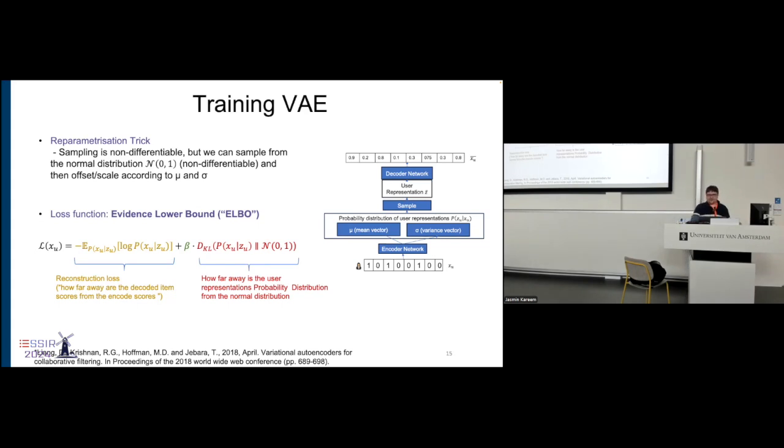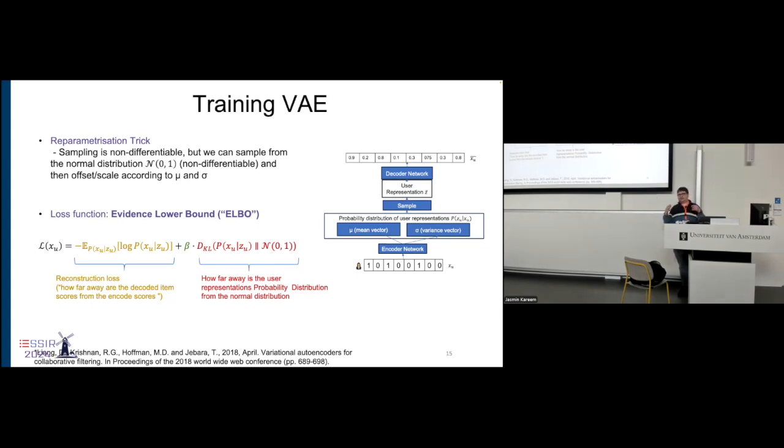Again, there is some math that guarantees that if we add this KL term, then the whole loss will be equivalent to cross entropy. But if we simplify, this actually serves as regularization. So we don't allow the model to diverge too much from the normal distribution.